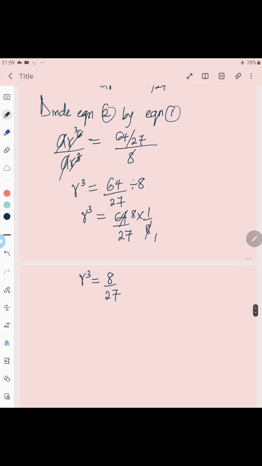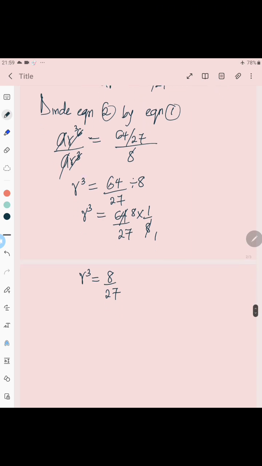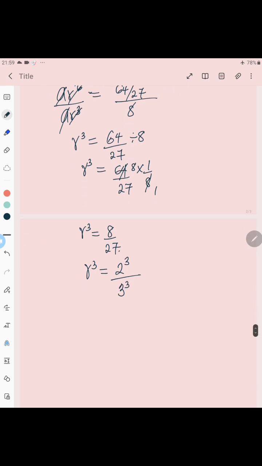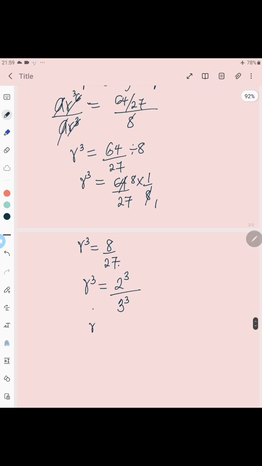So now we are going to get a number raised to the power of 3 that will give us both the numerator and the denominator. So we have R raised to the power of 3 is equals to 2 to the power of 3, which gives us 8, all over 3 to the power of 3, which gives us 27. Okay, so this is the same as saying R to the power of 3 is equal to 2 over 3, in the bracket, raised to the power of 3.